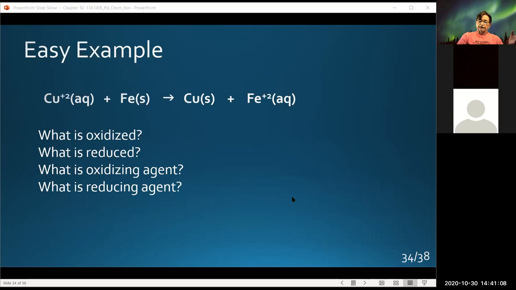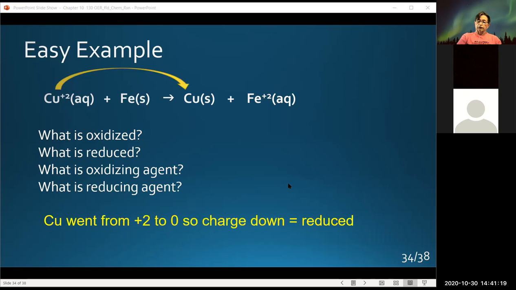For example, we have this one here. We have copper 2 ion in the process of interacting with iron. Okay, and so copper went from a +2 state to a zero state. Okay, to do that, it got reduced. It gained 2 electrons.